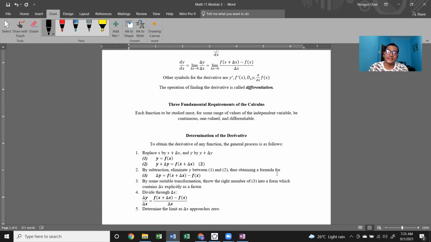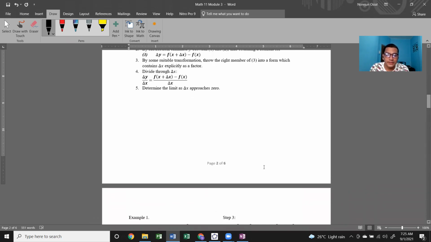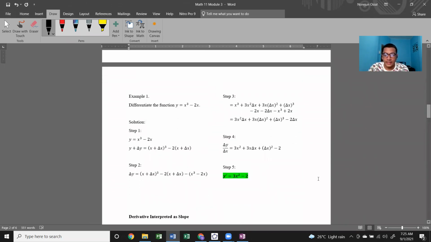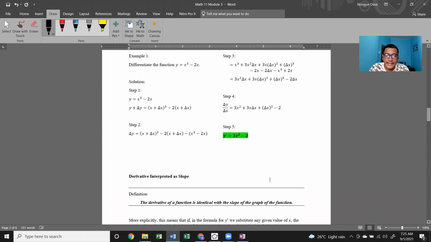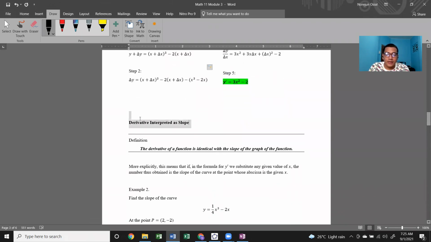So just read this, class, okay? I have provided an example for you to familiarize yourself with the steps. I've indicated what steps I have used in my solution. So just read this.